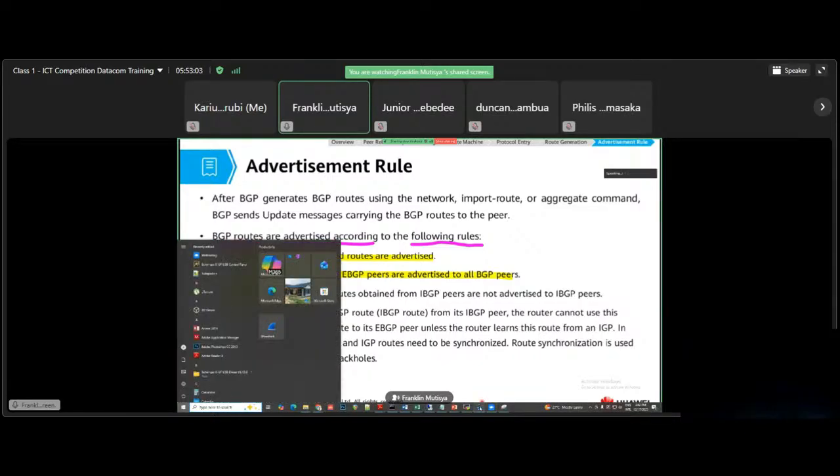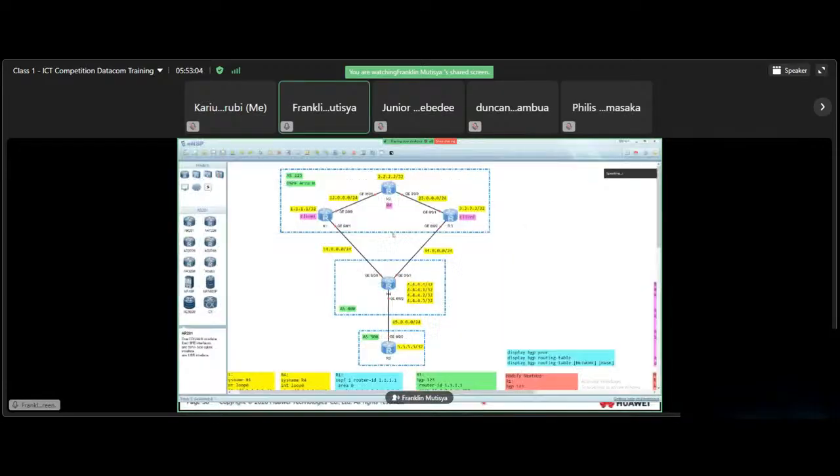Let me go to the topology. This router here and this router are in the same autonomous system, number 123, so they form IBGP. If this router learns about these routes that are outside, assuming these routes have been exchanged over this IBGP, once they get here first, we don't need to advertise them again.